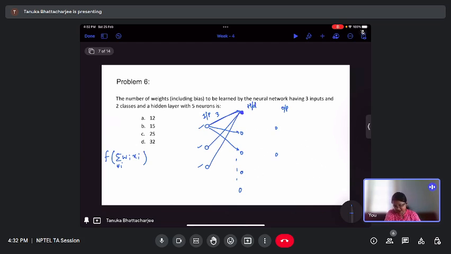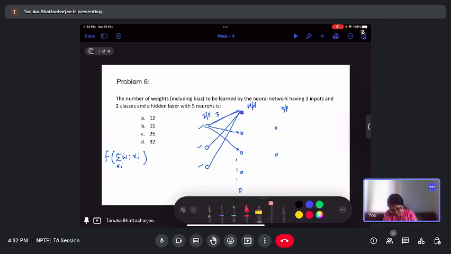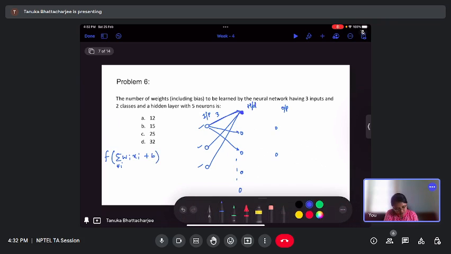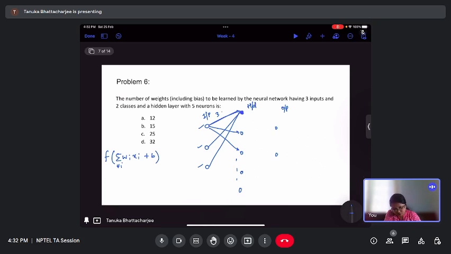And finally, here we generally have a bias term as well, plus bias. So for each neuron you have one bias term also. So 3 plus 1 for this neuron. Similarly, you have 5 neurons. So from the first layer you have 5 neurons, each with 3 plus 1 parameters. So in total you have 20 parameters from the first layer.